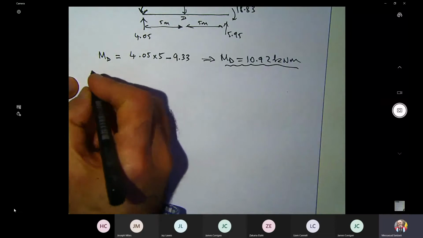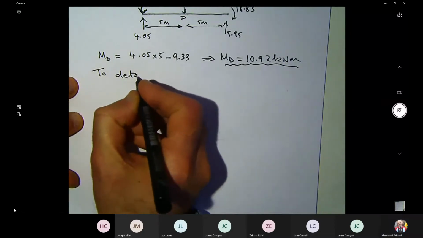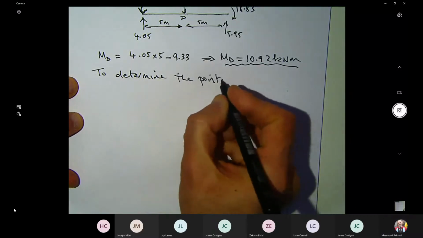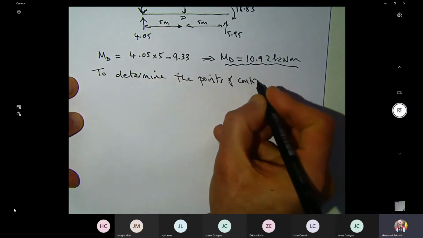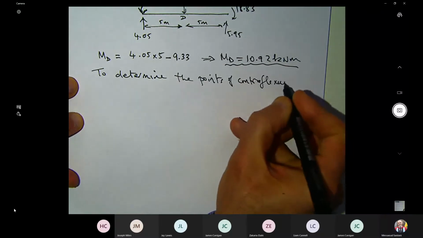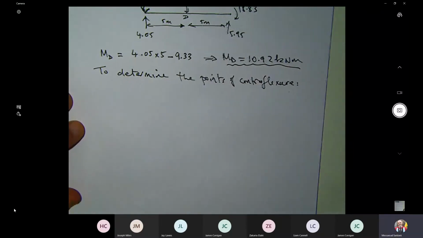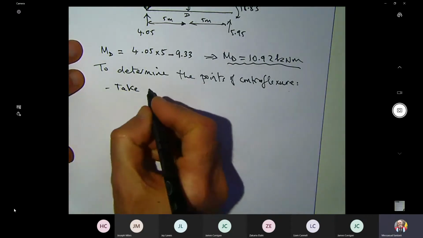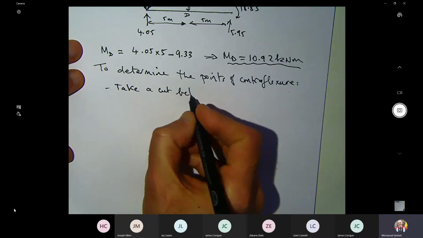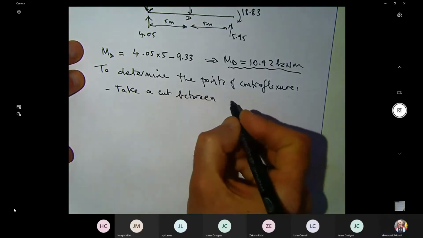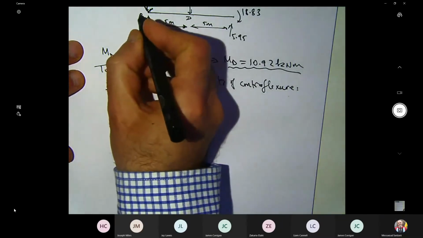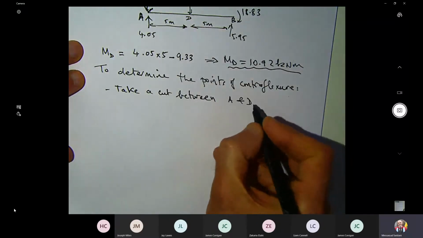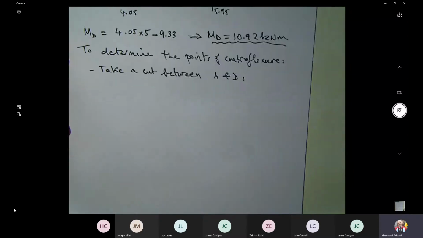So to determine the point of contraflexion, first of all, we take a cut between A and D. Okay, that's the first thing.